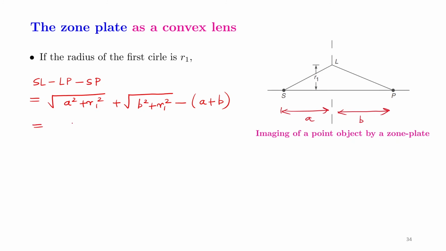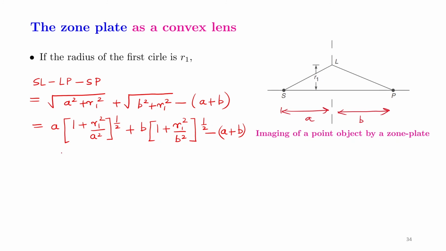And this is a times 1 plus r1 square divided by a square, raised to 1 by 2, plus b times 1 plus r1 square divided by b square, power 1 by 2, minus a plus b.